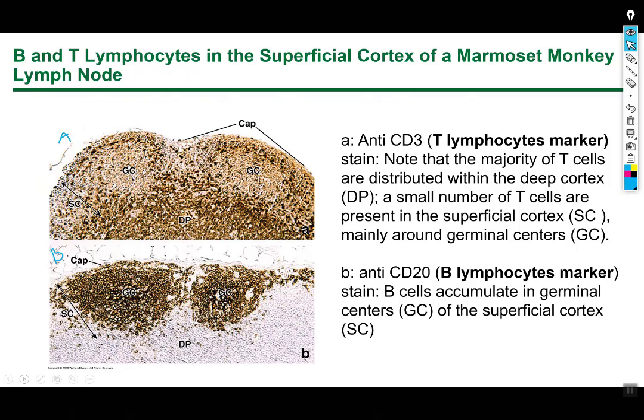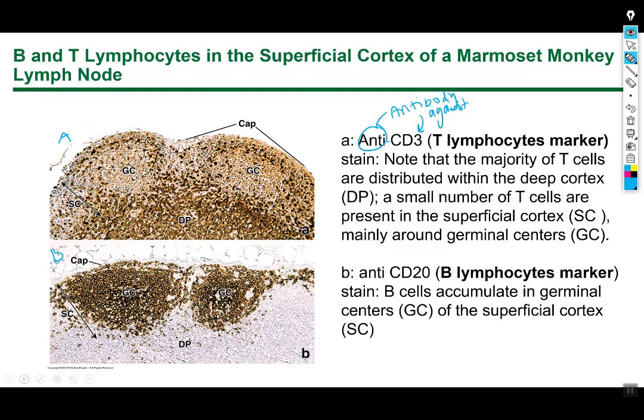An antibody, this is what anti means, antibody against CD3, which is a protein, a surface marker. So anti-CD3 is going to show us where in that lymph node the T cells are.